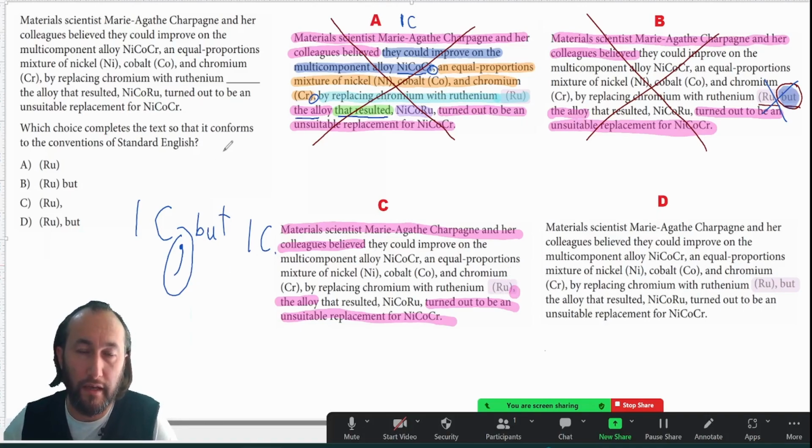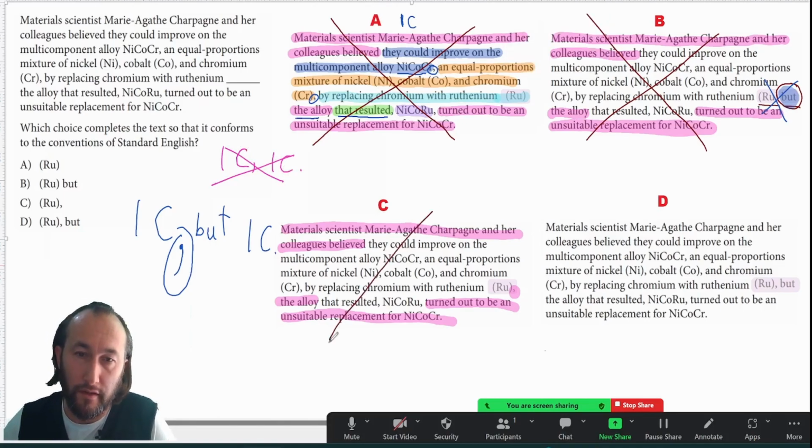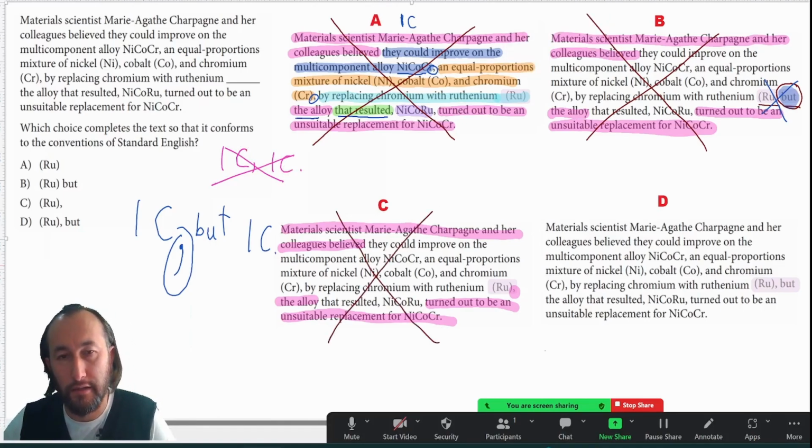As I explained earlier, we cannot connect two independent clauses with a comma, guys. So this is not good, and we cannot accept C either.